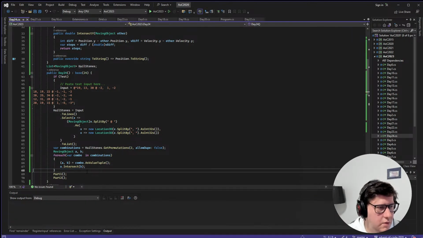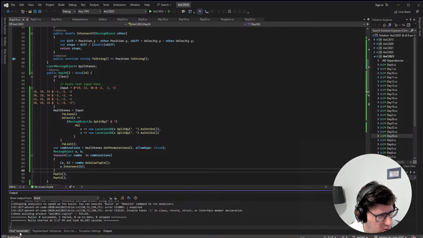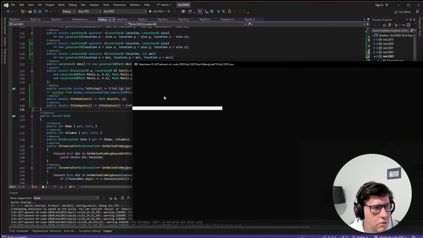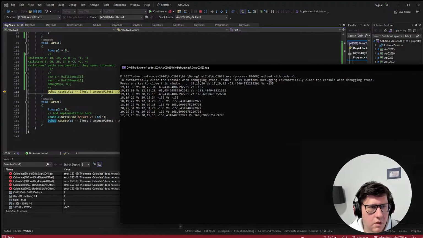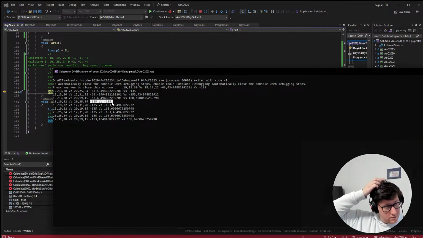We don't need to do this one anymore. Let me run this. Okay, what is the error? Let me see. So if they are equal, it will never work.